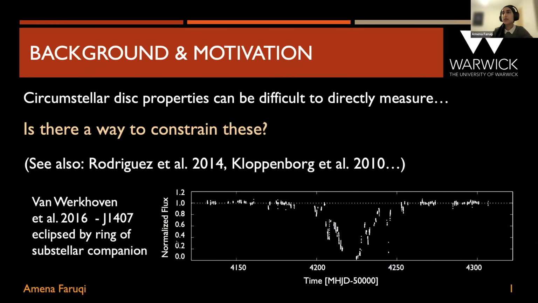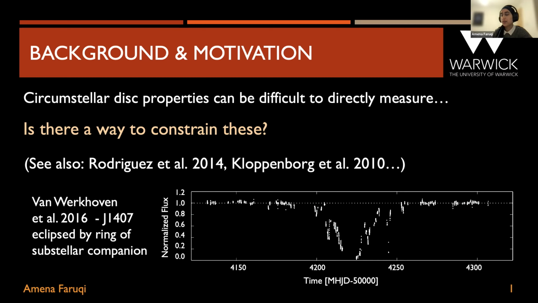Before I get into it, I just want to give a little bit of background and motivation. I'm sure there are a lot of people in the room who work on hydro simulations of disks and are well aware of the fact that, as Daniel mentioned, observations have shown that disks can have quite varied morphologies and structures: warps, misalignments, things like that.